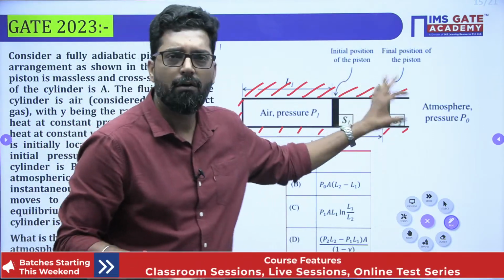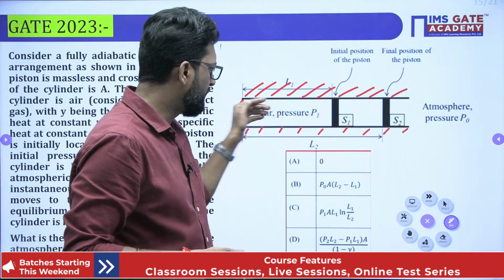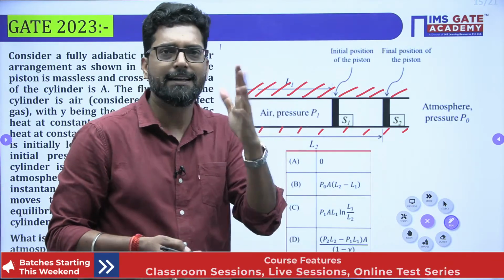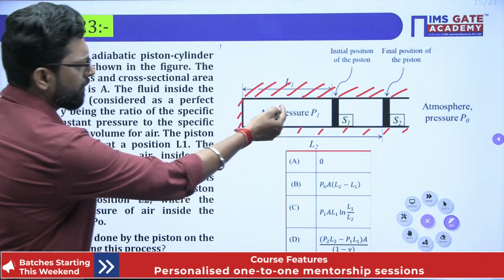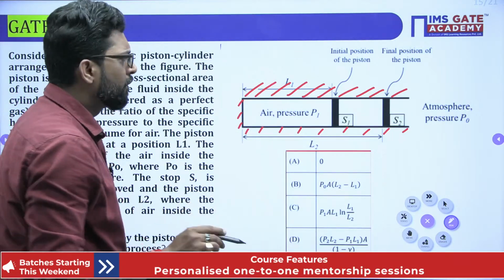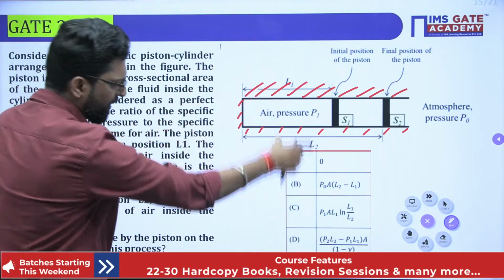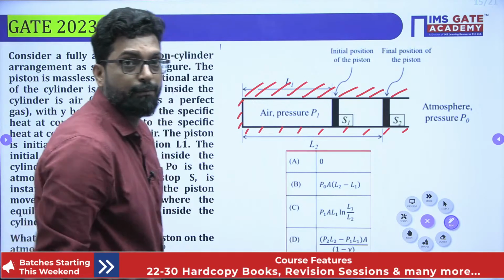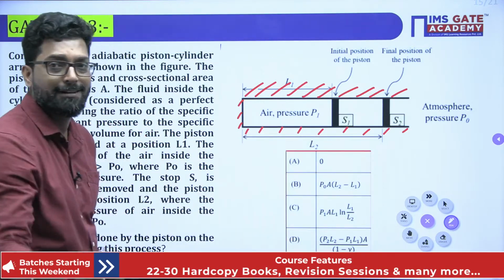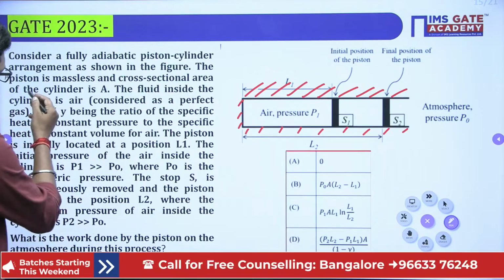Because this is a horizontal position, and the gravity component along the pressure force direction is zero. If it were vertical, the weight of the piston would play a role, but in the horizontal manner there is no role of the weight of the piston. So think like that: massless.